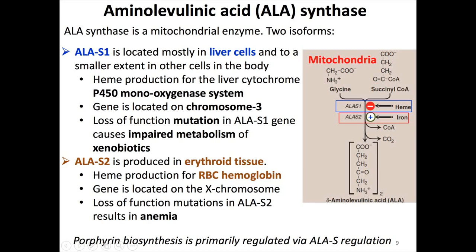ALAS2 is produced in erythroid tissues for heme production for RBC hemoglobin. Its gene is located on the X chromosome. Loss of function or mutation in ALAS2 results in anemia. So porphyrin biosynthesis is primarily regulated by ALAS; it's the regulatory enzyme.